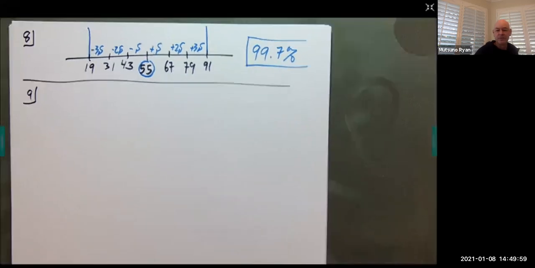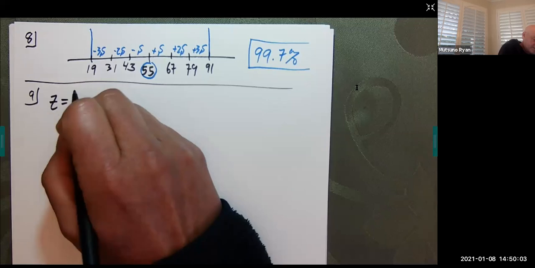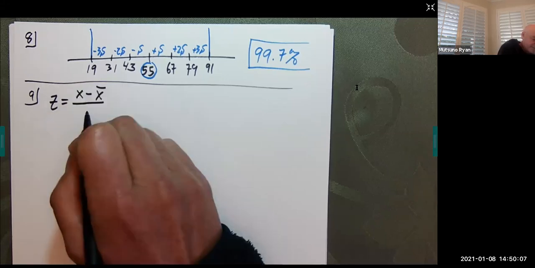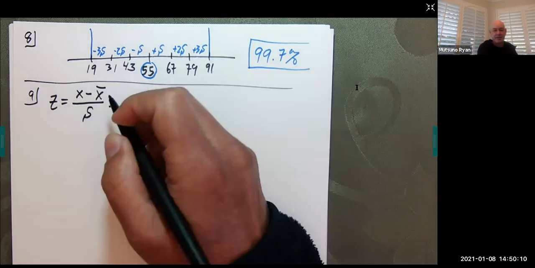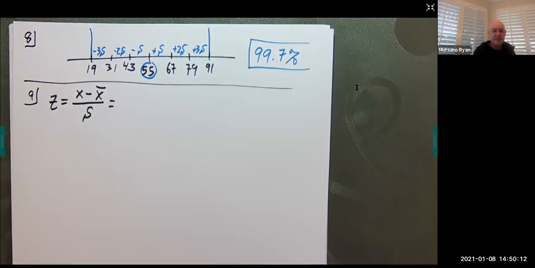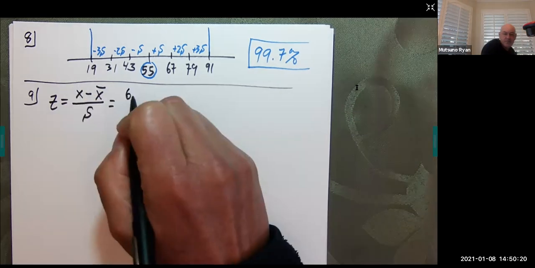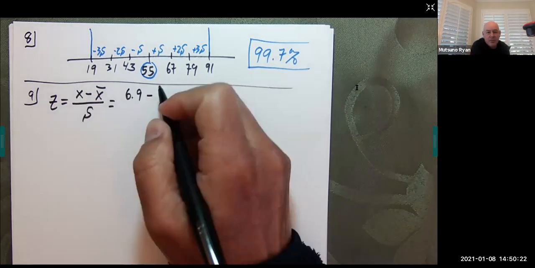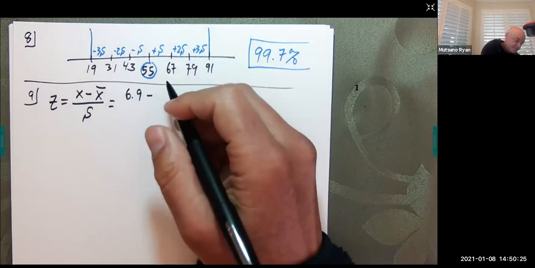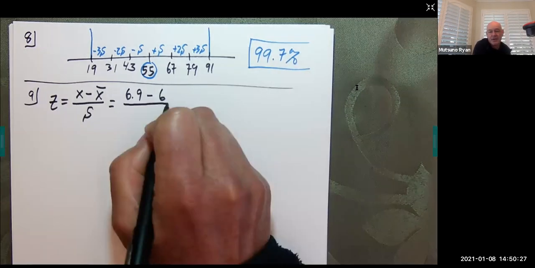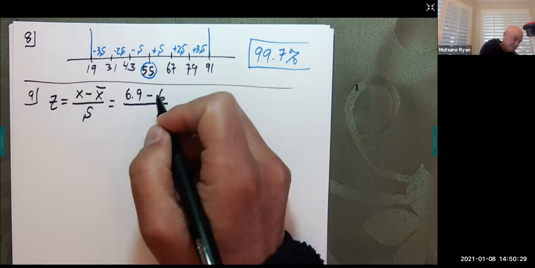Well, his Z-score, the formula for that is you take the data point, the single data point, minus the mean, and you divide that by the standard deviation. And in this case, he is 6.9, pardon me, that's not 6'9", that's different. 6.9 minus the mean, which was 6 feet, divided by the standard deviation, which was 0.2.